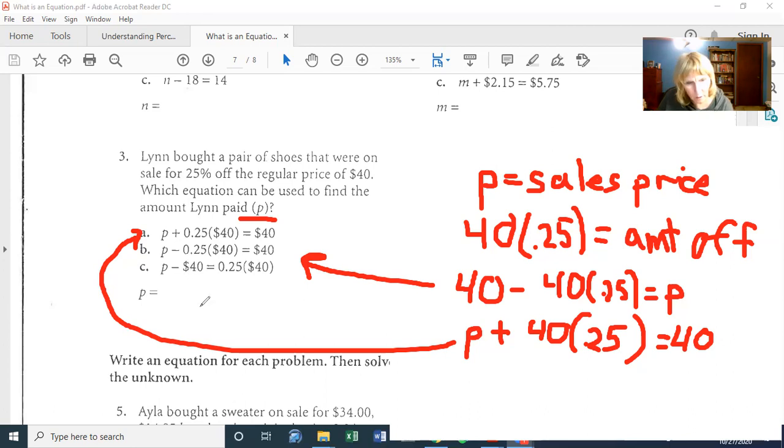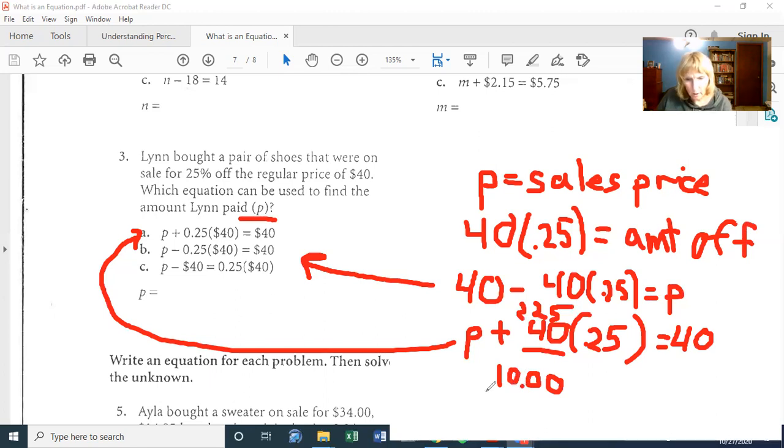And then you have to solve for P. So you would take 40 times 0.25. I'm just going to do it vertically. 4 times 5 is 20. Carry the 2. 8, 9, 10. $10 off.